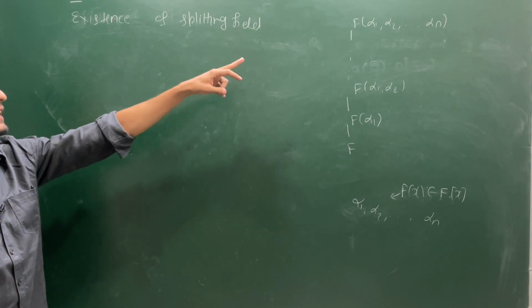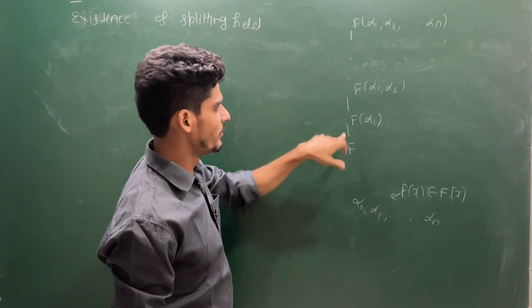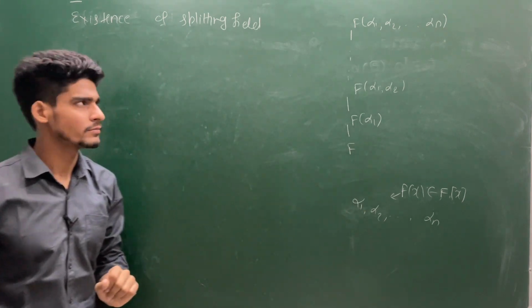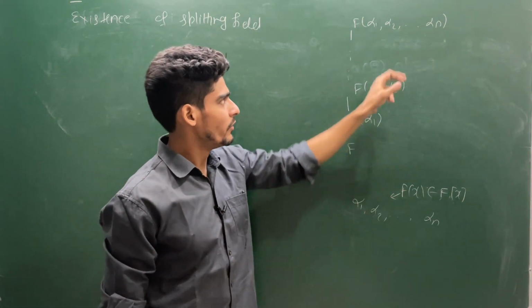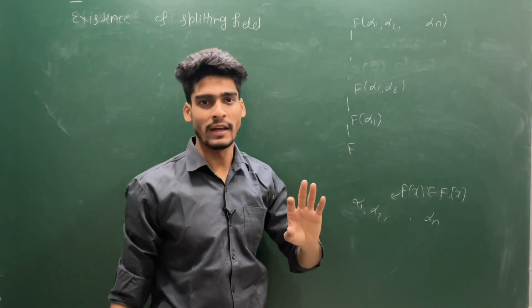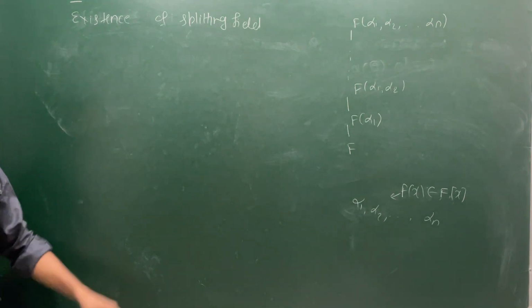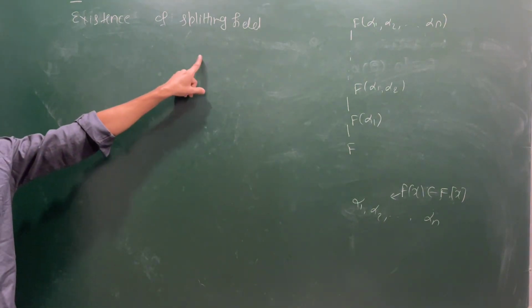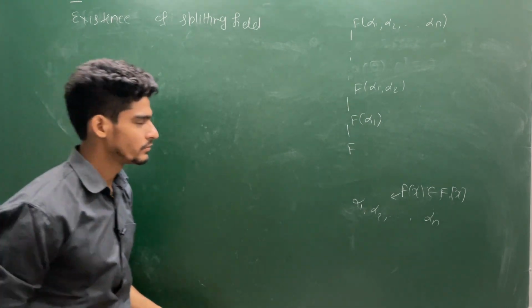But this extension need not be a splitting field. We are looking for the splitting field. So the splitting field will be in between somewhere. So if I collect all the fields which contain alpha 1, alpha 2 and alpha n, and if I take their intersection, then I will get the smallest one. So that will be my splitting field. So this is an idea to prove.